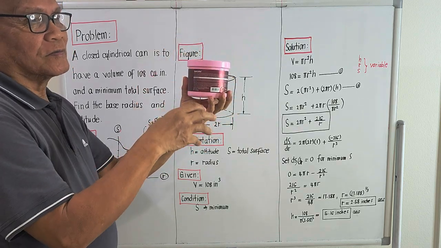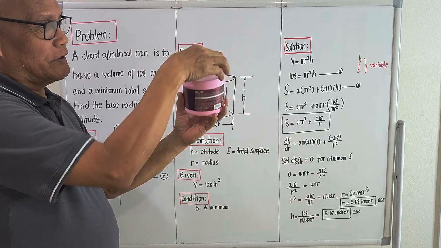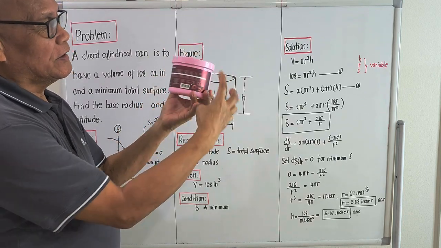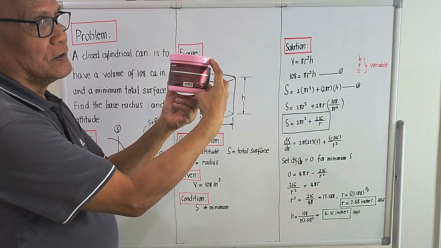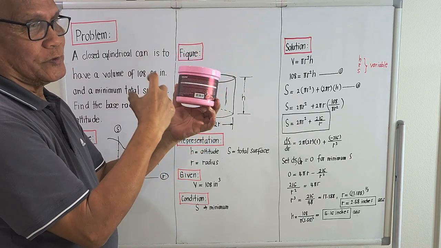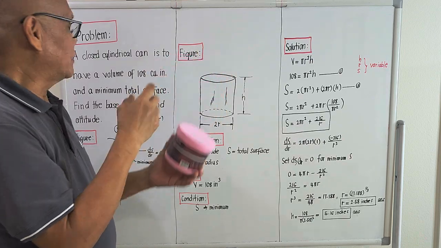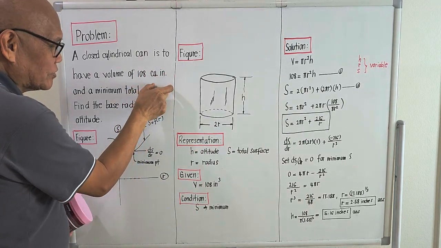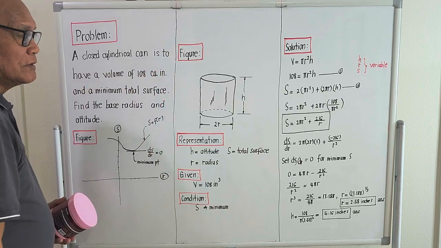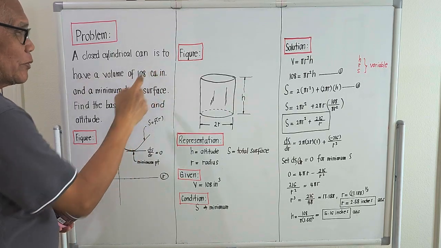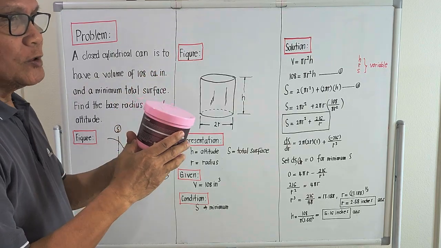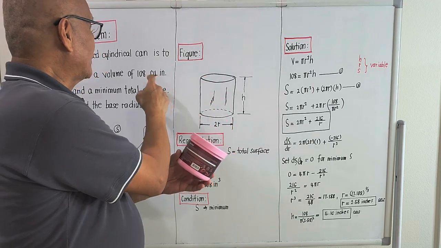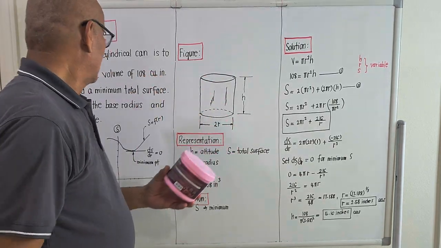This is a cylinder, so it should have a radius and a height. The volume of the can is 108 cubic inches.